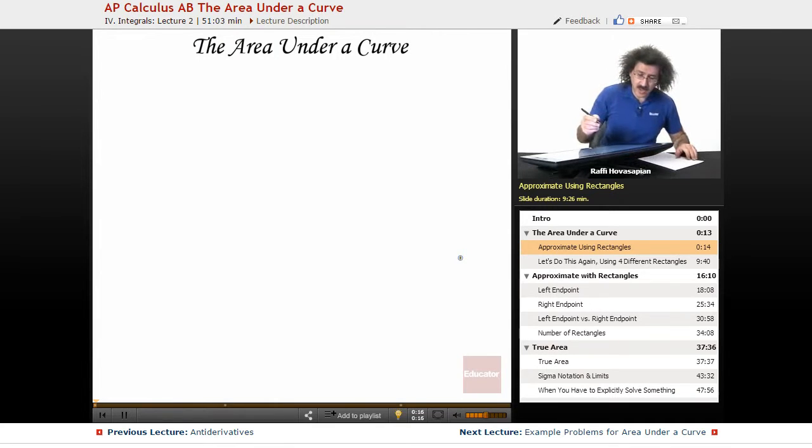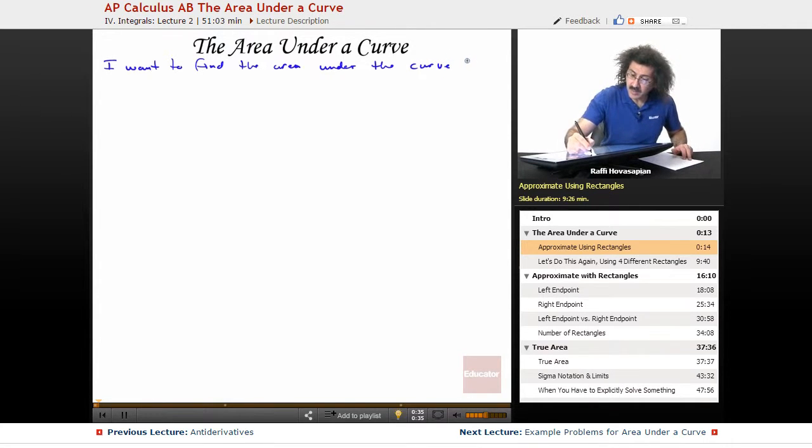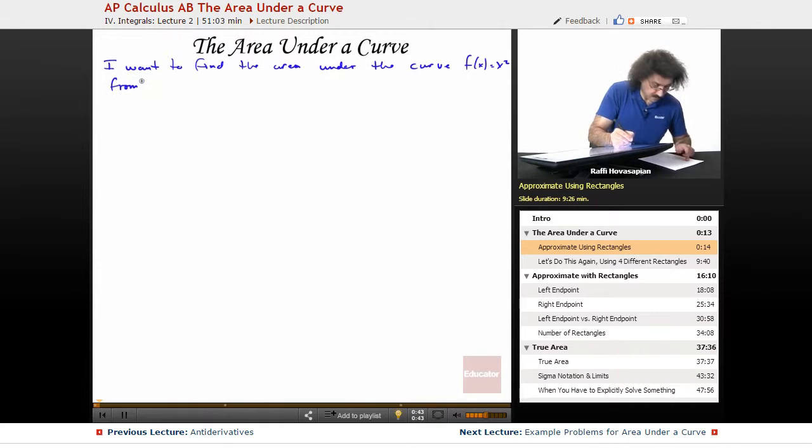Okay, so I want to find the area under the curve f of x equals x squared from, let's say, x equals 1 to x equals 5. Okay, so that's my task.